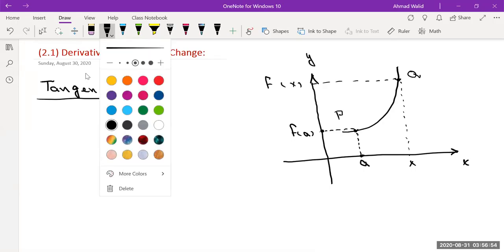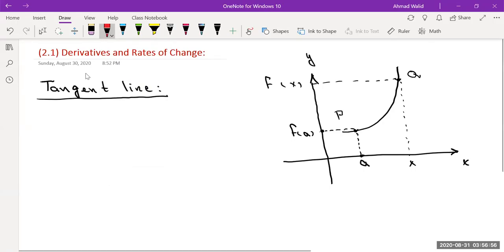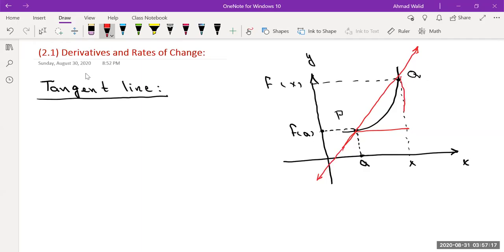Now, if I connect this point like this and draw the secant line here, and we already discussed what a secant line is, a line that crosses a curve at 2 points, correct? You see here a triangle like this.